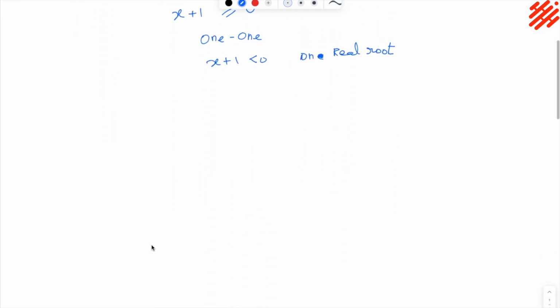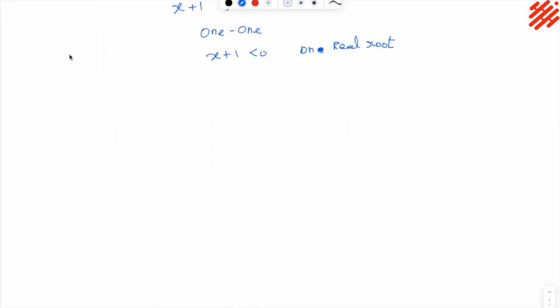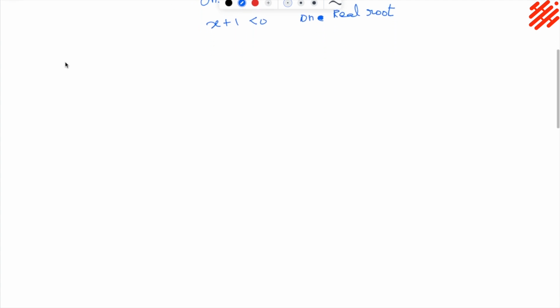To be clear, we will solve another example. Let's say 3c. For the function with the associated domain, state the range.